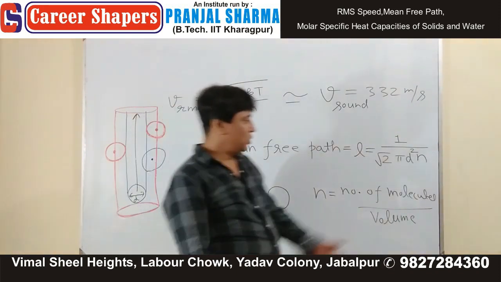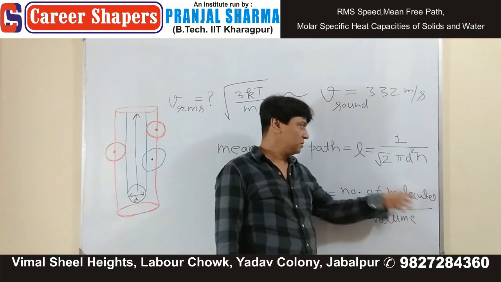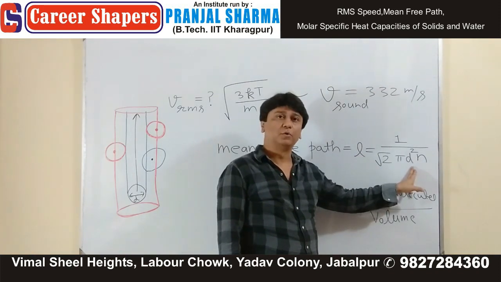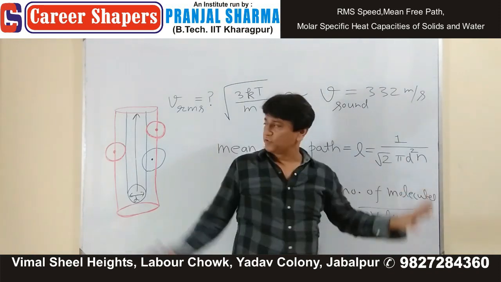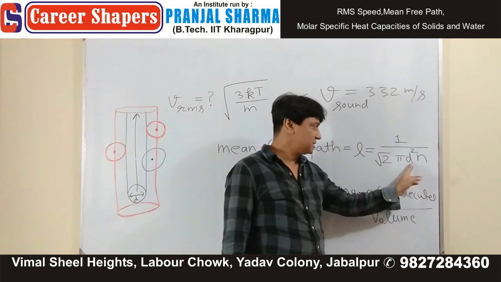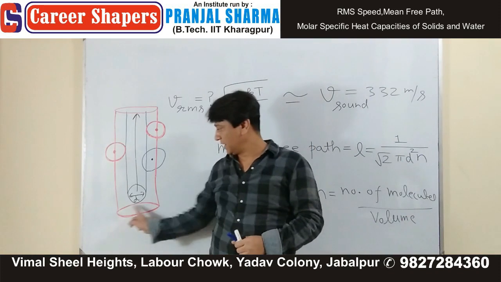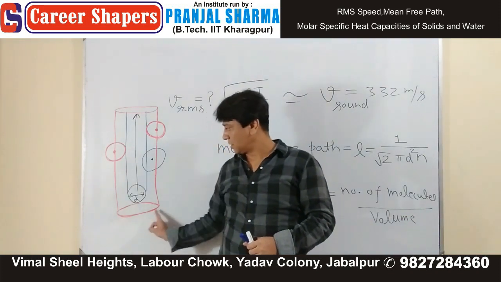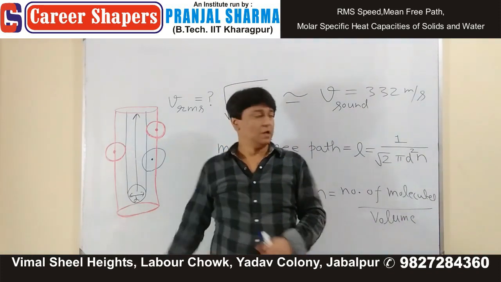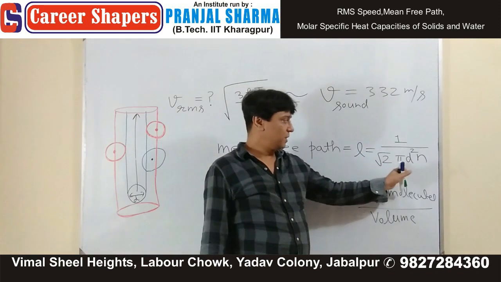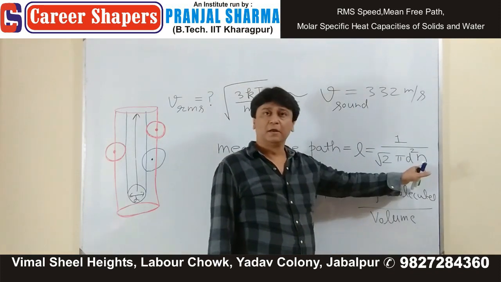Important parts are what? Mean free path is inversely proportional to d square. So this figure will help you in understanding why this is d square. This d square pi is basically the cross-sectional area. This is the cross-sectional area part multiplied by n.